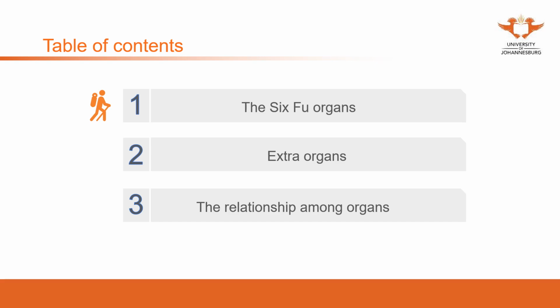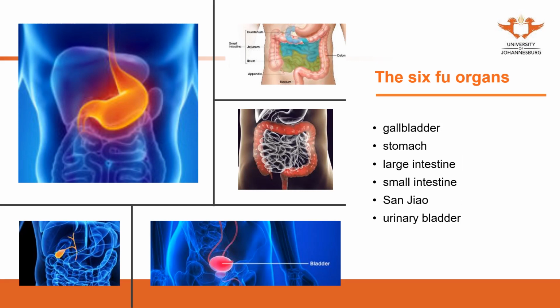So we divided all the internal organs into these 3 different categories. And the reason why we divide them is because their characteristics are different. This we have introduced in the general introduction of the Zang Xiang theories.